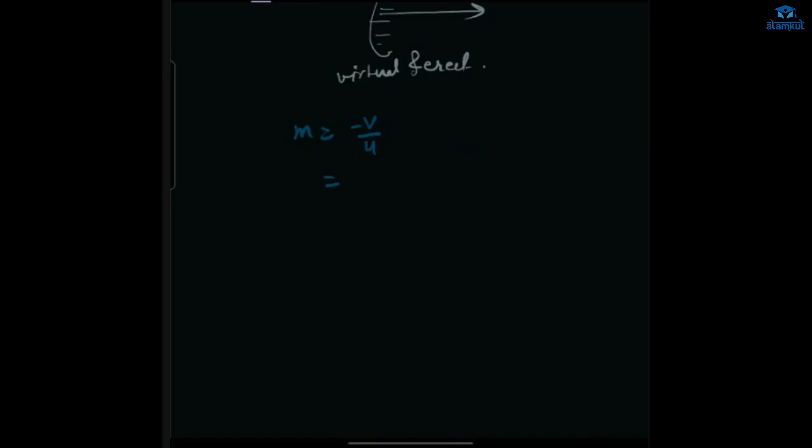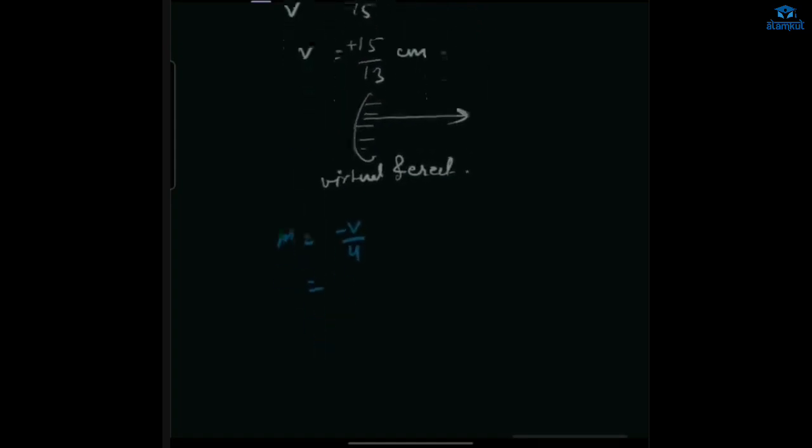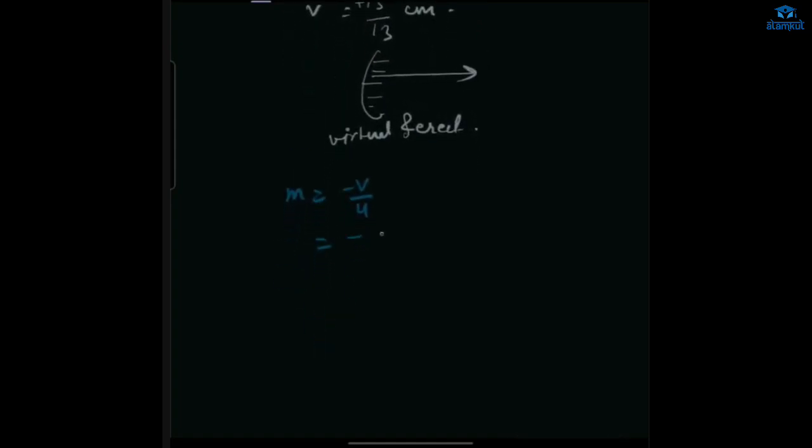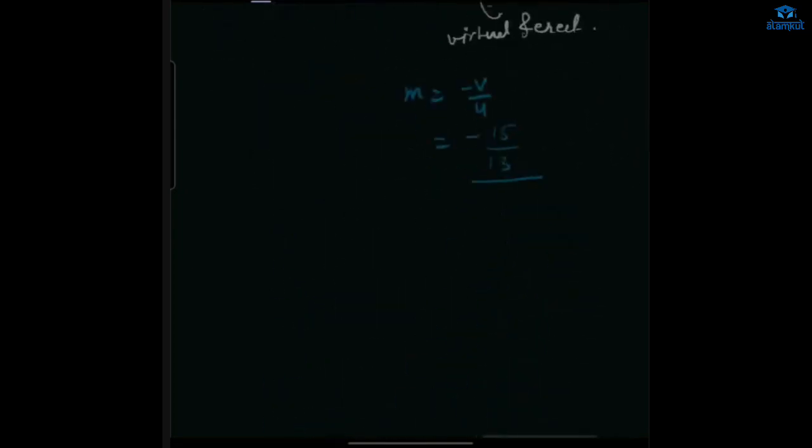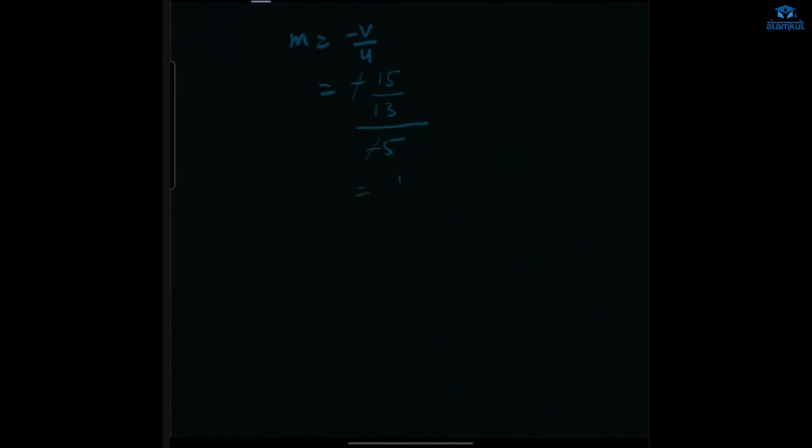So we'll find the magnification. Minus v is minus 15 by 13, and u is minus 5. So cancelling these, 15 by 13 into 5, this will get cancelled. 3 by 13. It's also positive. It's denoting that it is erect, virtual.